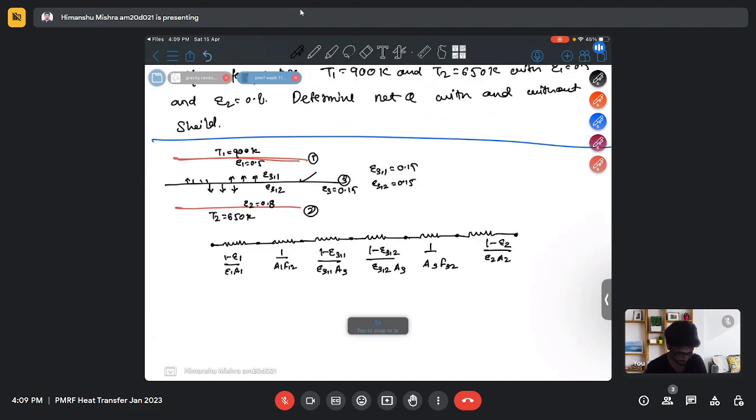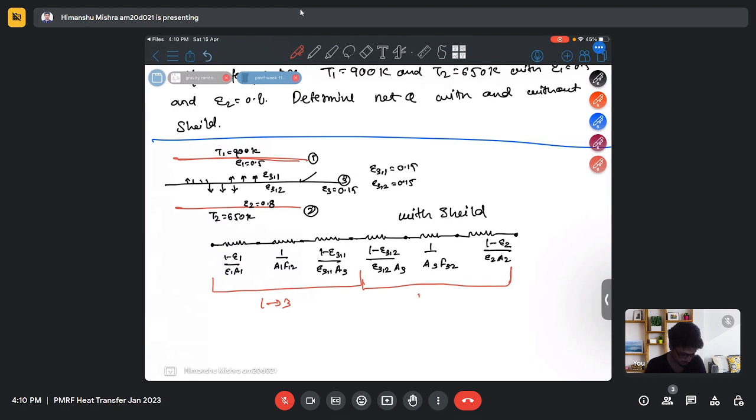So this will be my total resistance with shield. This part is the radiation heat transfer from surface 1 to 3, and this part is the radiation heat transfer between surface 3 and 2.